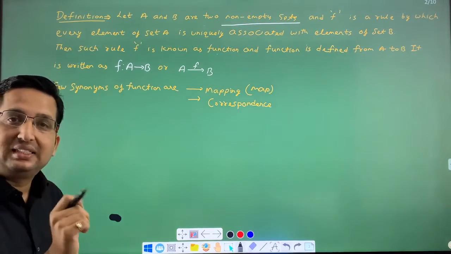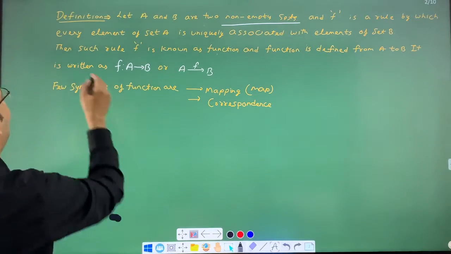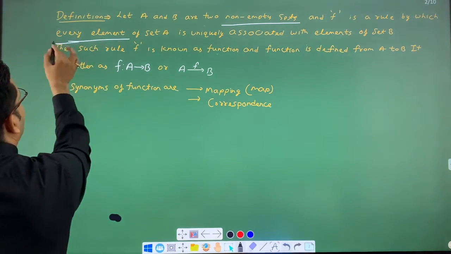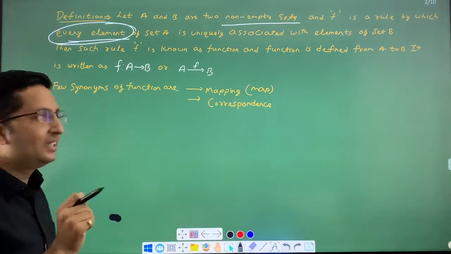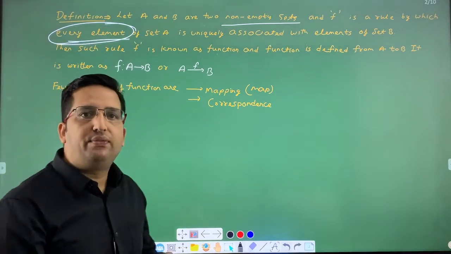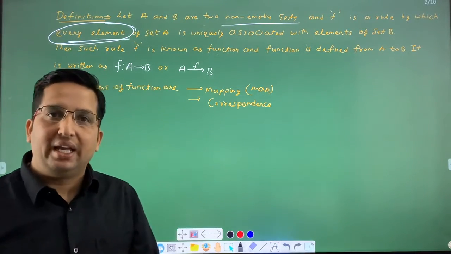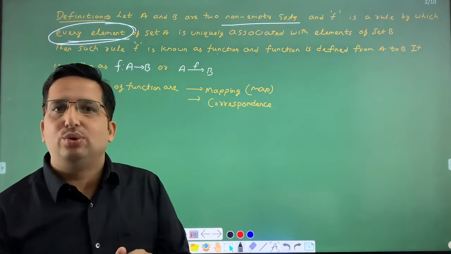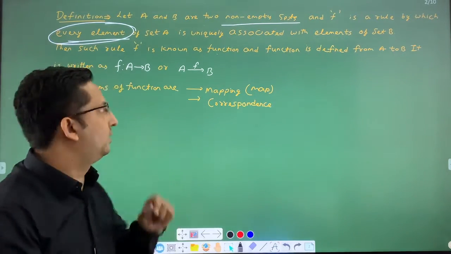Here, the things we need to concentrate on: first is every element. Very important. Every element means if a function is defined from set A, then every element of set A is a value of x which can be substituted in place of x.